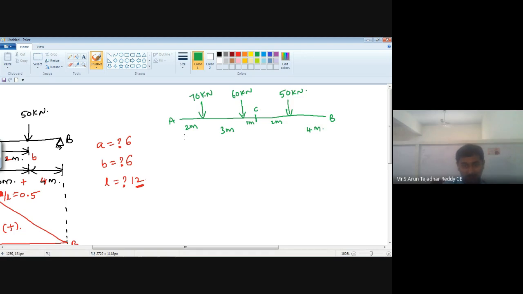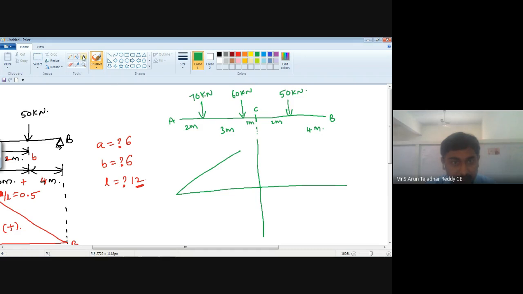Now here draw our shear force diagram. Sorry, it is downward, not upward.